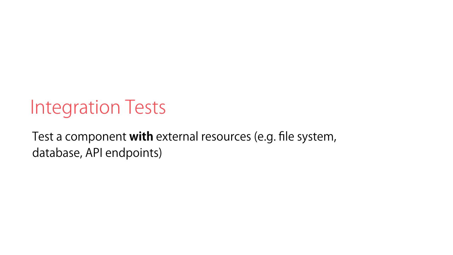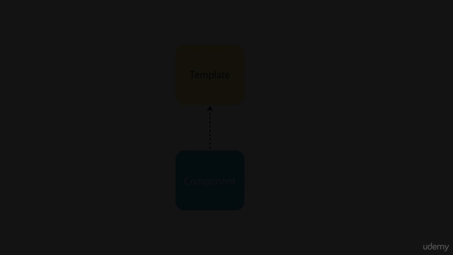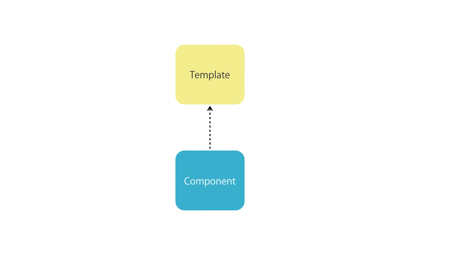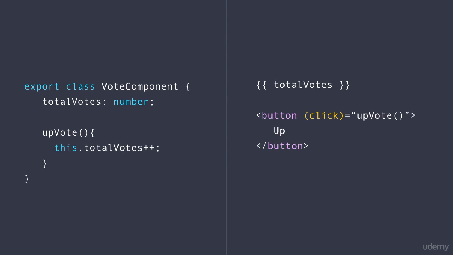Once again, this is the classic definition of integration tests. In the Angular world, that means testing a component along with its template. So instead of looking at this class as a plain TypeScript class, we need to look at it as an Angular component. And that means we need to run our test in an Angular environment. So we need to instruct Angular to compile this class along with its template.